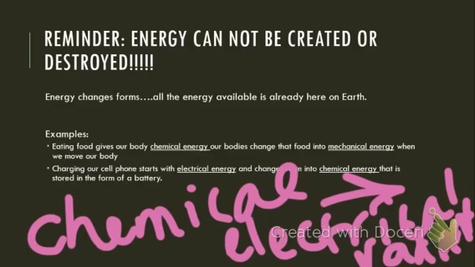Okay, so that backlight comes on. You're on your phone, you're typing things, that's using electrical energy and also light energy. And probably some thermal energy too, because you know if you're on your cell phone too long, it starts to heat up. Okay, so that chemical energy is transferring to all those different types of energies.